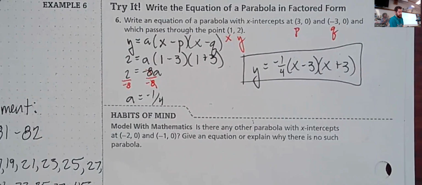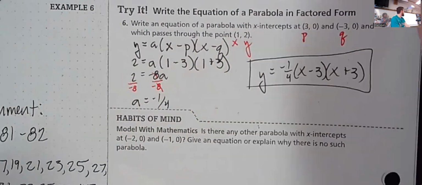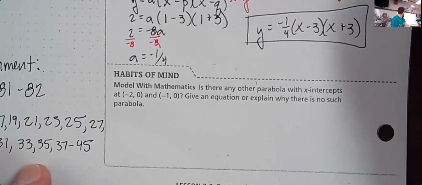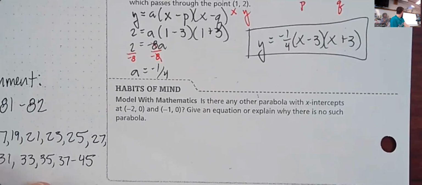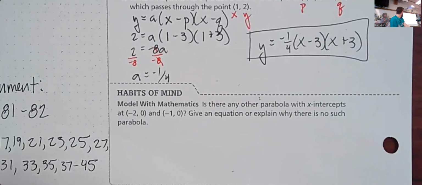Let's see. Last question, and then you get started on your assignment here. Is there any other parabola with x-intercepts at (-2, 0) and (-1, 0)? Give an equation or explain why there's no such parabola. I'm not sure which one it's referring to, to be honest.